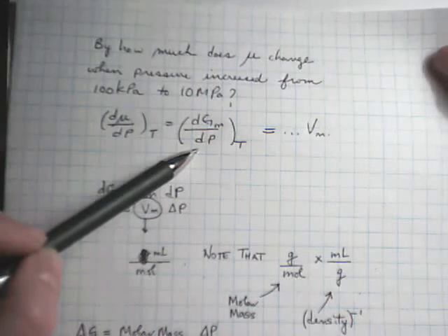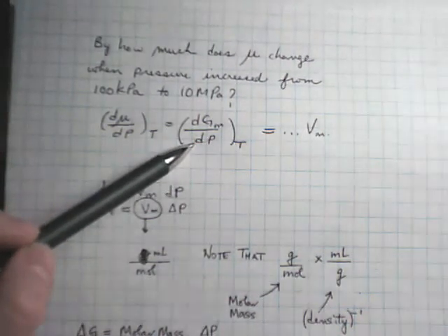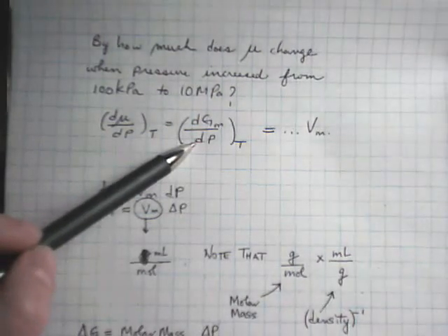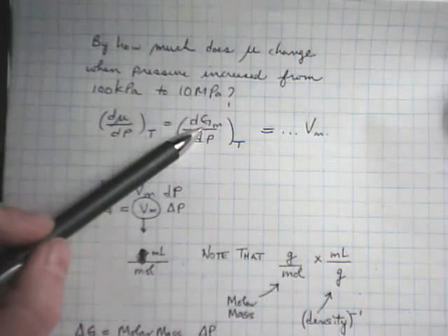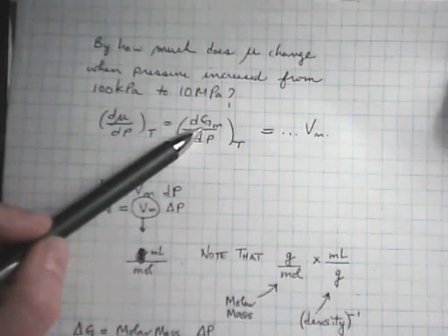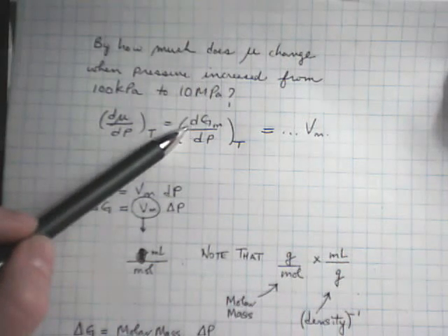And this one we would determine, and we may need to show how we determine that. We would start with G. G is equal to H minus TS, and therefore dG is equal to, and we would do that.